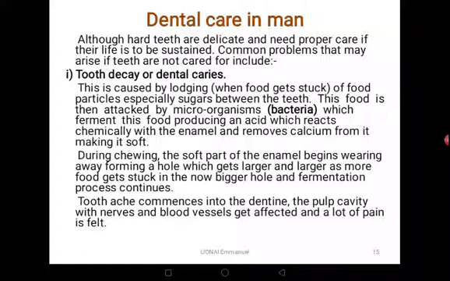So during chewing, the soft part of the enamel begins wearing away, forming a hole which gets larger and larger. As more food gets stuck, and now a bigger hole, the fermentation process continues. Toothache commences into the dentine and the pulp cavity, with the nerves and blood vessels getting infected, and a lot of pain will be felt.